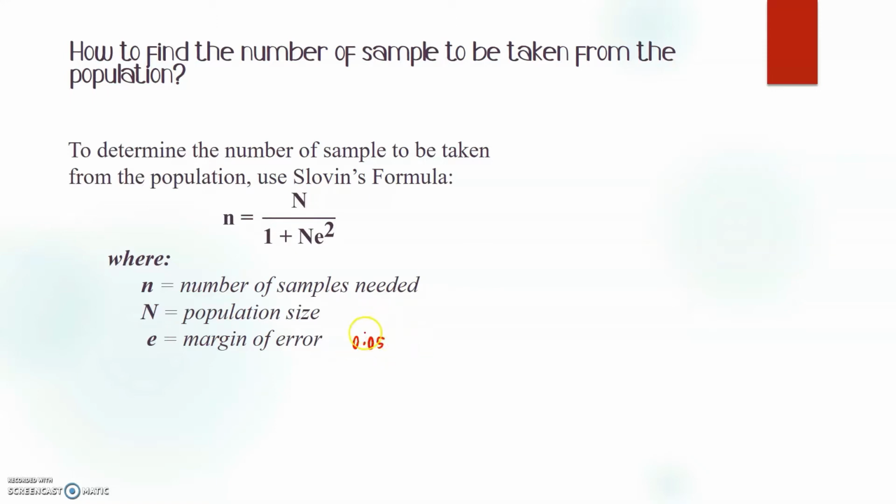However, this is not fixed because, as I said a while ago, researchers will determine the appropriate margin of error for their own research works. But in most cases, 0.05 is used as the margin of error for most of the researches conducted so far. Alright?